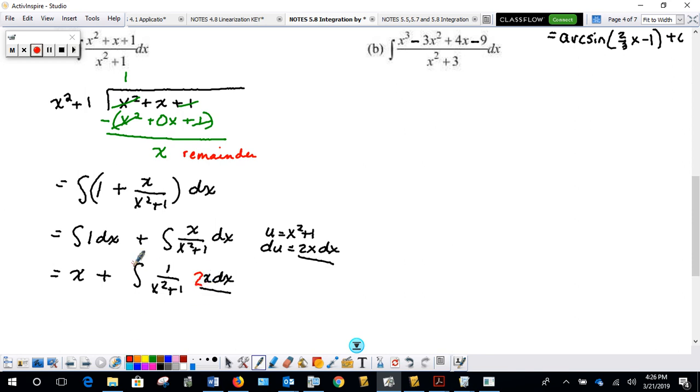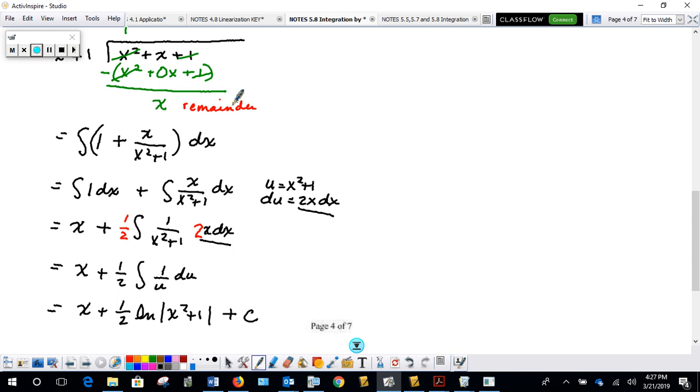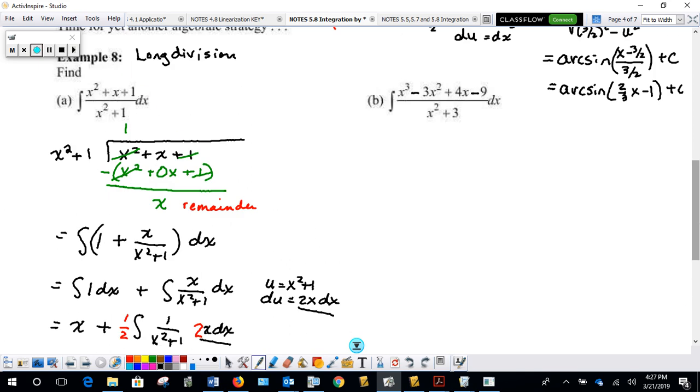So I add a 2, I add a corrector, and this becomes x plus 1/2 times the integral of 1 over u du, which is going to be x plus 1/2 natural log absolute value of x squared plus 1 plus c. And so sometimes when the degrees are the same, we would use long division as our algebra technique.